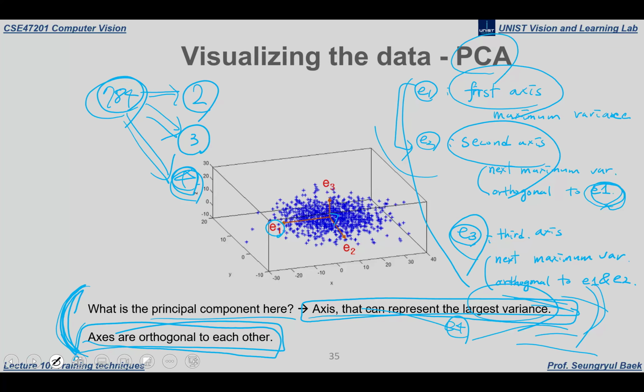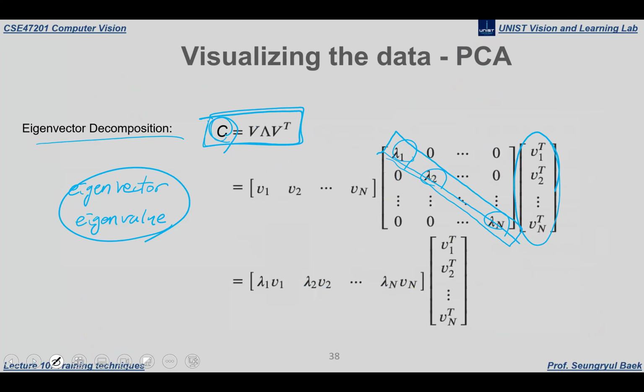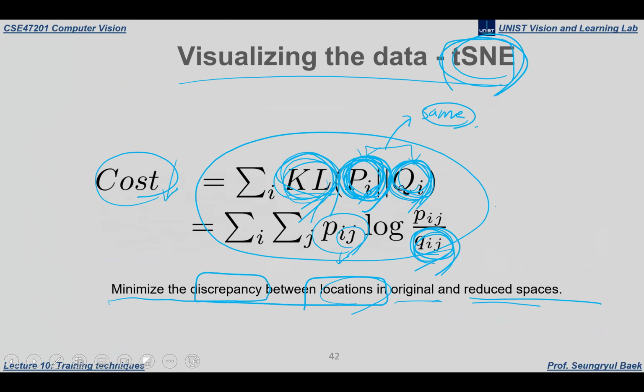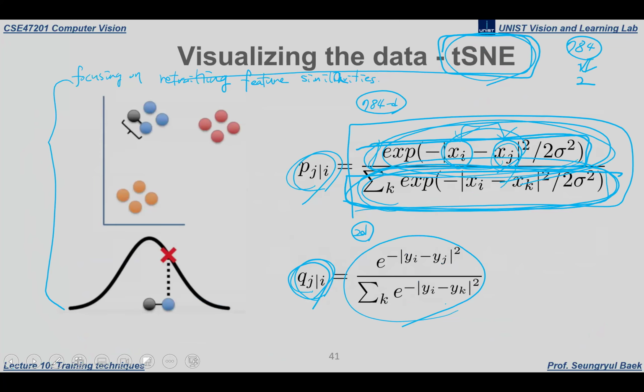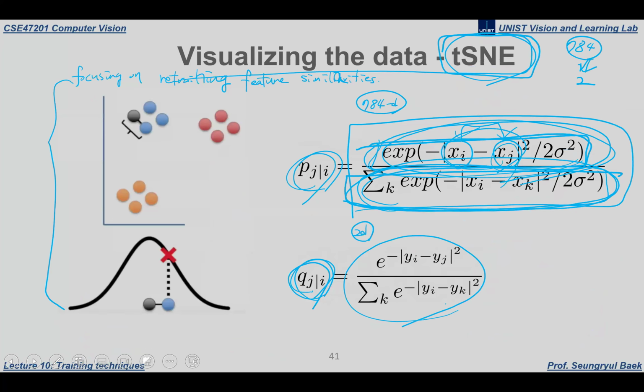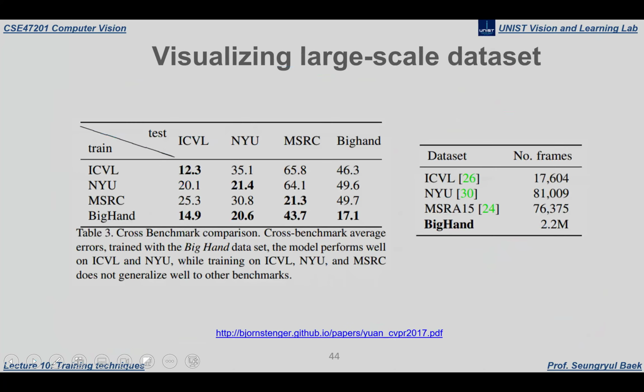One is PCA, and the other one is t-SNE. Their methods are slightly different. t-SNE wants to retain the pairwise similarity. PCA wants to secure new axes that have high variance. And you can implement this technique easily using scikit-learn instead of implementing them all by yourself.